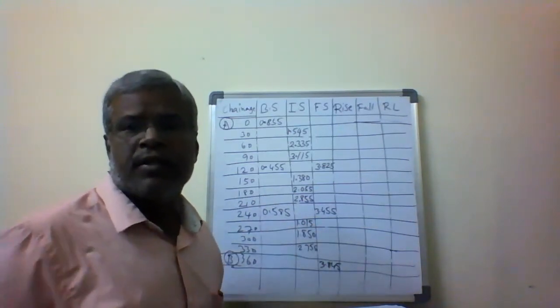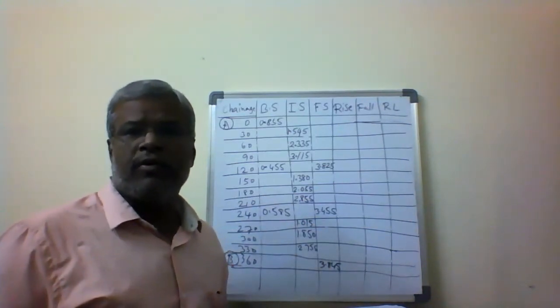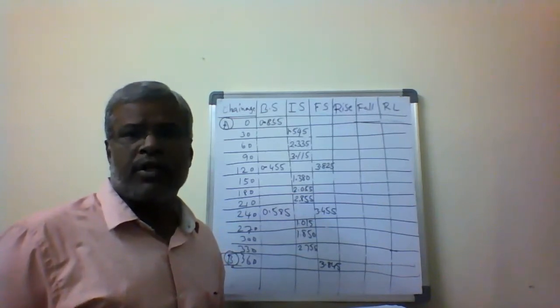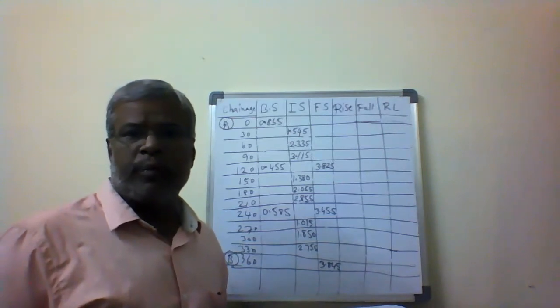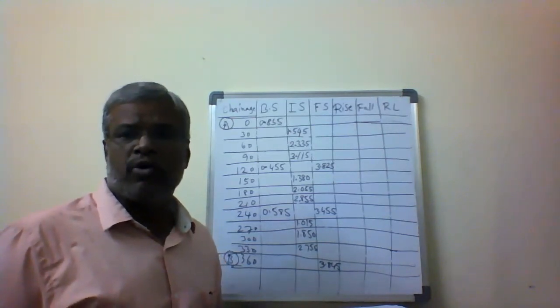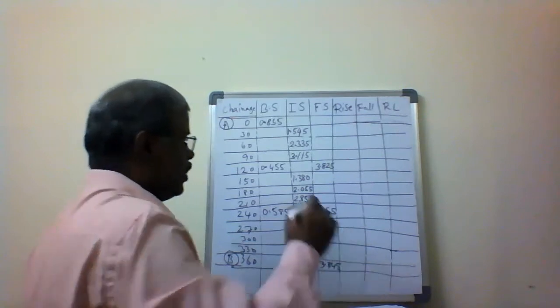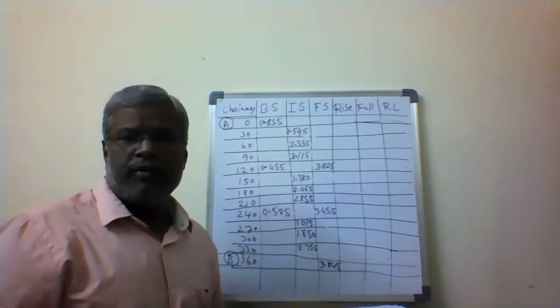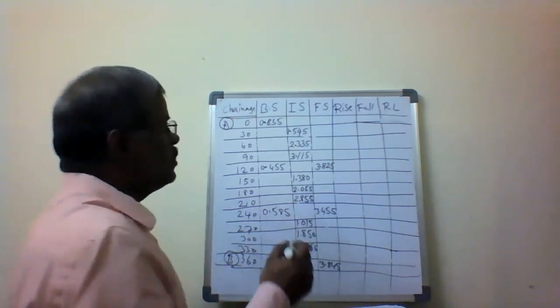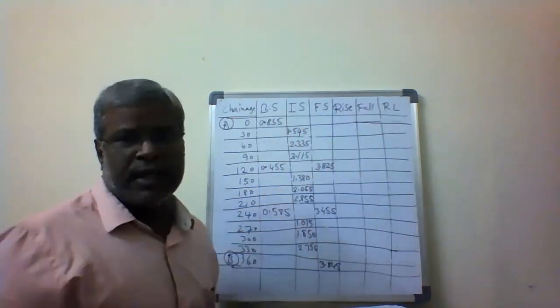These are the readings. Starting with 0.855, 1.545, 2.335, 3.15, 3.825, 0.455, 1.380, 2.055, 2.855, 3.455, and 0.585.